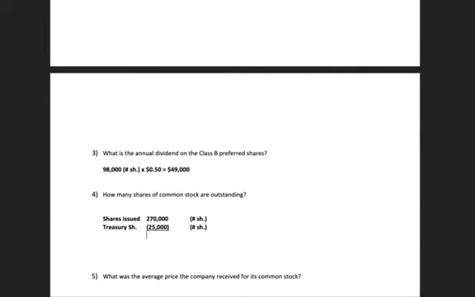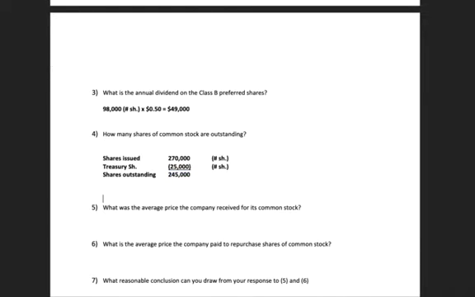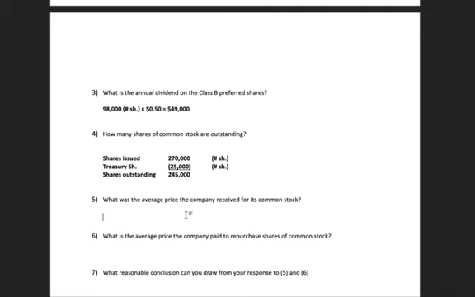Just do the math here, total that up, you get 245,000, and that is going to be our shares outstanding. Okay, so shares issued minus the shares you have in the treasury is how many shares are actually outstanding for the investors.